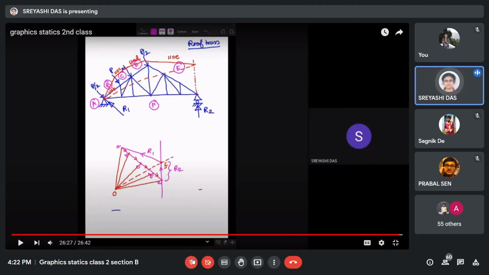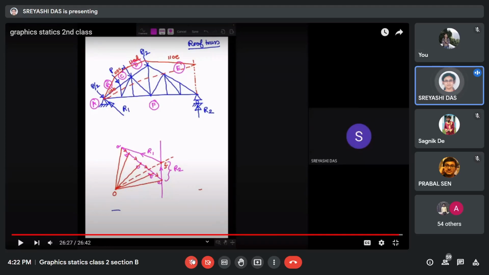So where will we draw that OA, the line parallel to OA? Because here we have named this as the A space, that is between R1 and P/2. And as both of these forces are passing through the same point, and we have also started drawing the funicular polygon through the same point, the A space basically starts and ends in that point.